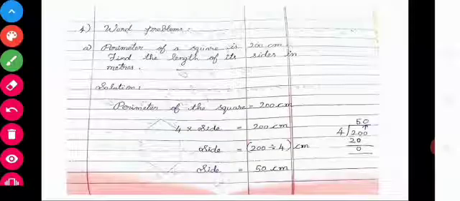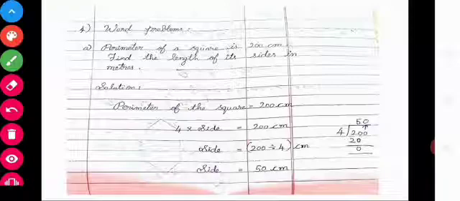How many 4's are there in 12 centimeter? 3 4's are 12. So 3 centimeter is equal to side. Each side of the square is equal to 3 centimeter. So what is the answer? X, Y, Z is equal to 3 centimeter. Okay children.